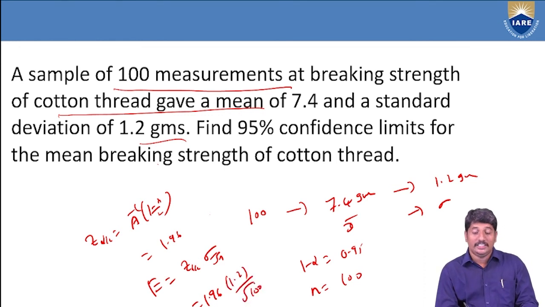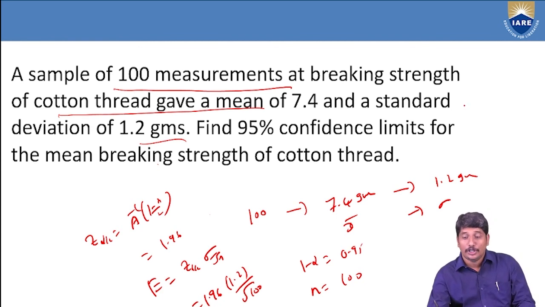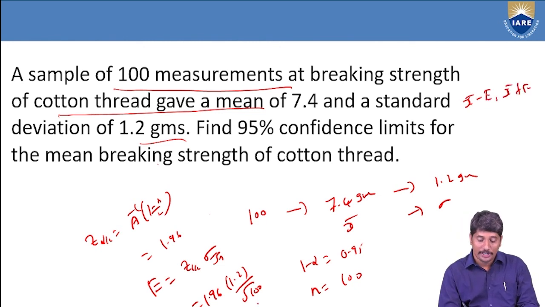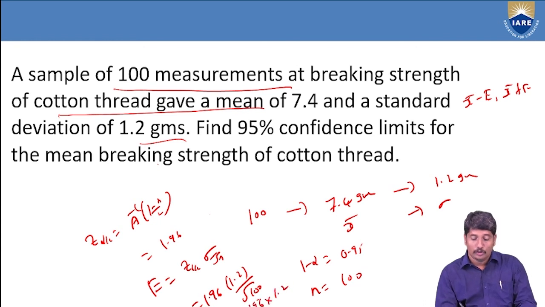And this gives the maximum error. With the help of maximum error, you will calculate x bar minus E and x bar plus E, which is called the confidence interval. Root 100 is 10, so the value becomes 1.96 into 1.2 by 10.